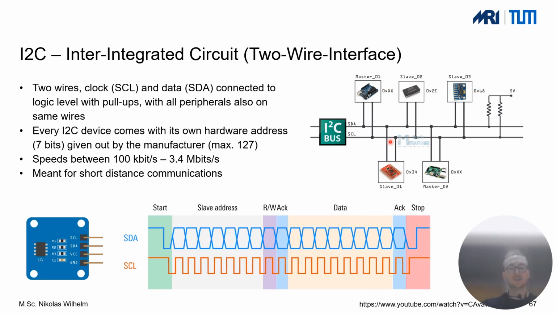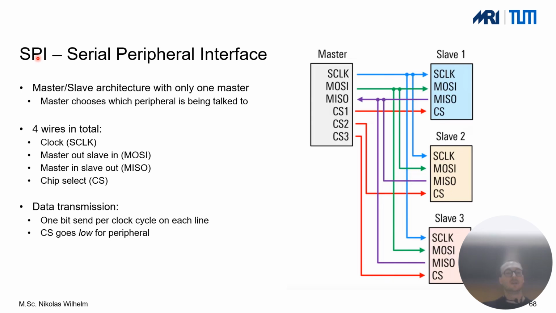A different idea is to use the SPI, the serial peripheral interface. Here we need a lot more signals. We don't just use the clock, which we had before already, but now the data signals are separated into MOSI and MISO. MOSI is master out, slave in.